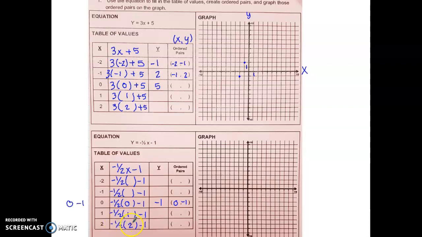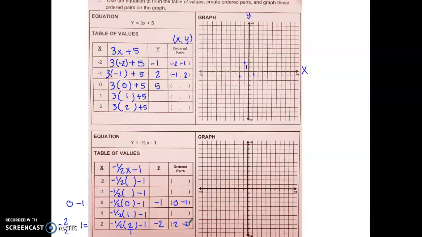So negative 1/2 times 2 is negative 1, and minus 1 gives you a negative 2. So 2 comma negative 2. Those are my 2 points.